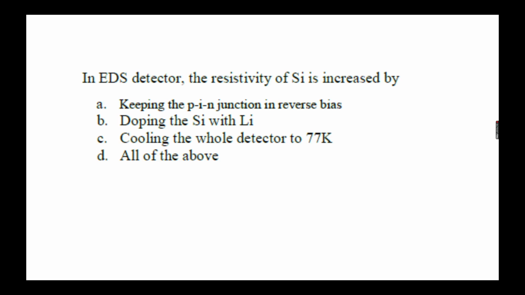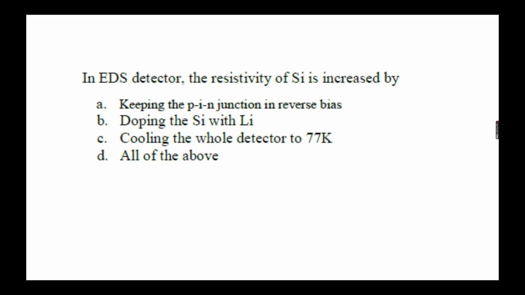In an EDS detector, the resistivity of silicon is increased by what? As we have seen in the first or second slide, I have shown you the silicon in between the PIN junction. So how can we increase the resistivity of the silicon?